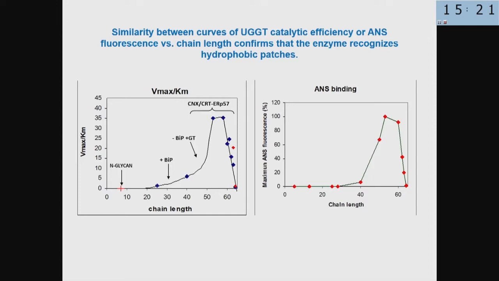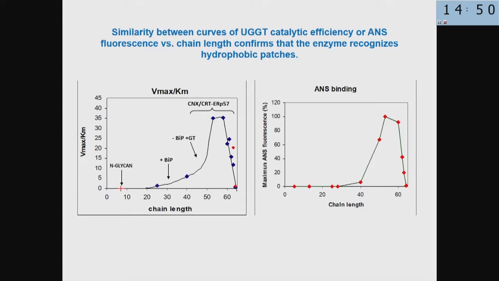This is on the left. On the right, you have the fluorescence of a reagent called ANS that is used by protein chemists to detect the exposure of hydrophobic patches. And as you see, the pattern of kinetic efficiency versus the chain length coincides exactly with the fluorescence of ANS.